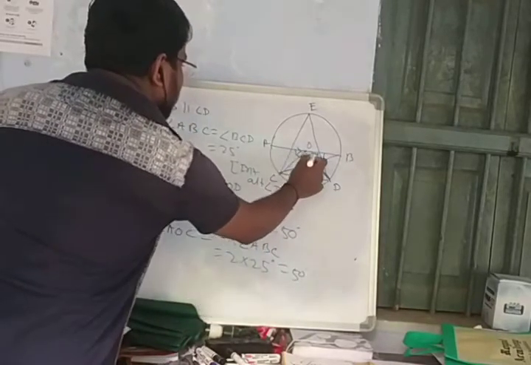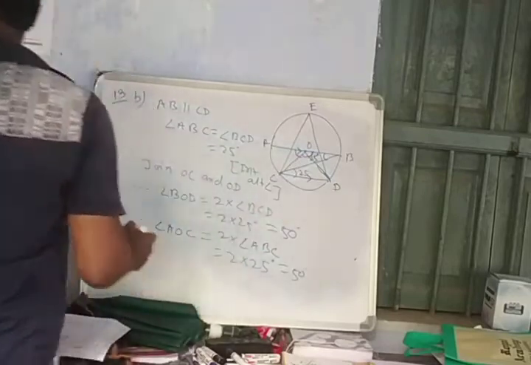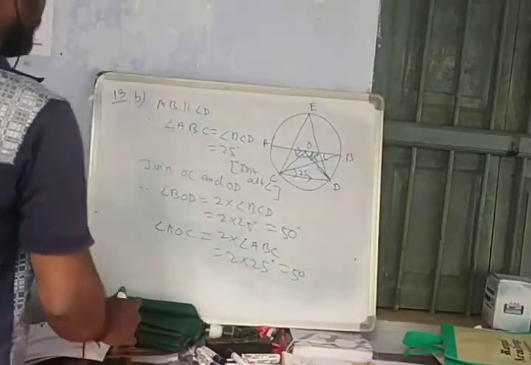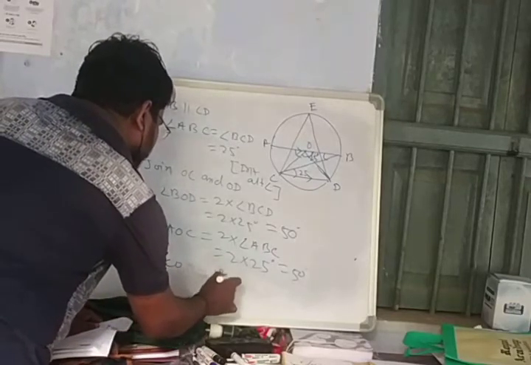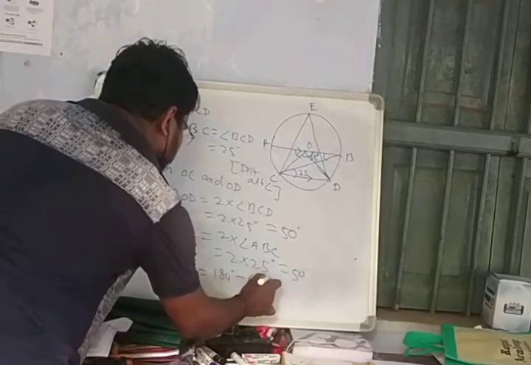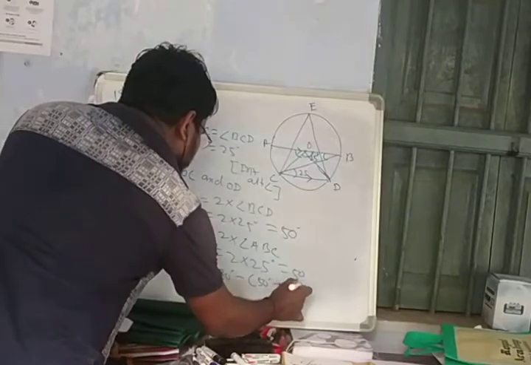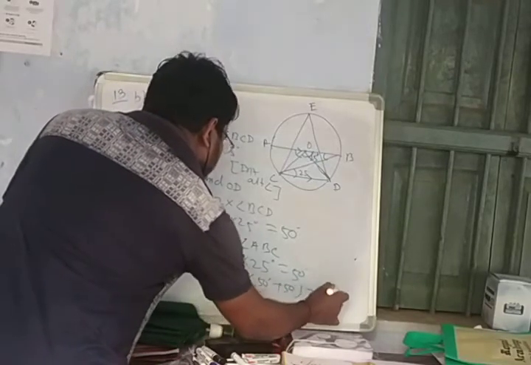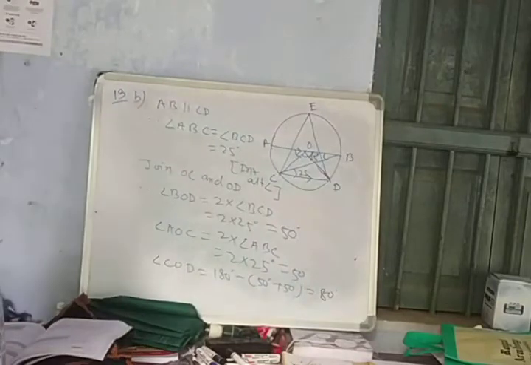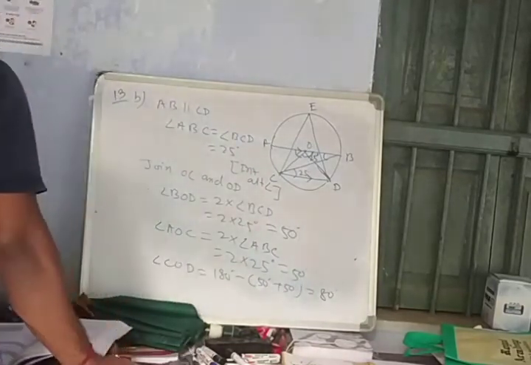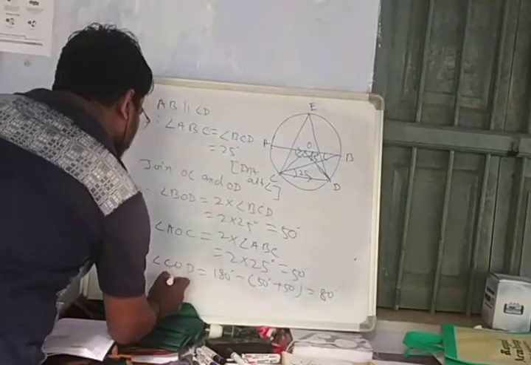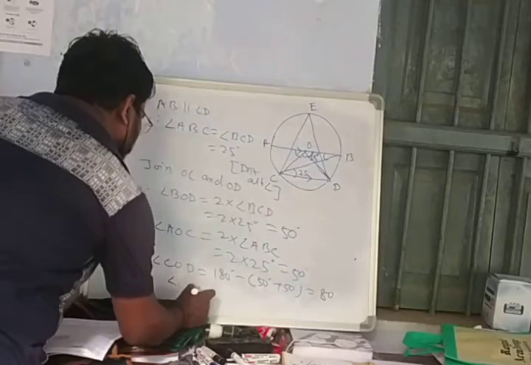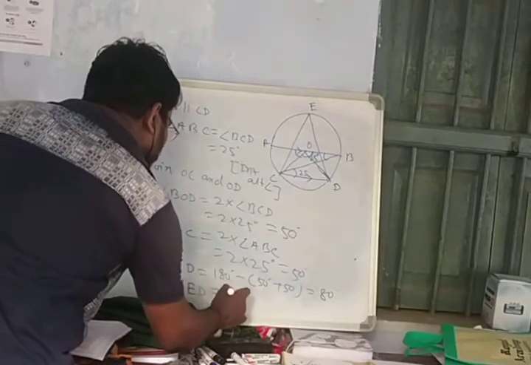Now this is 50 degrees, this is 50 degrees. Then COD equals 180 degrees minus (50 degrees plus 50 degrees) equals 80 degrees. Now you got angle COD equals 80 degrees. Therefore, CED will be half of COD.